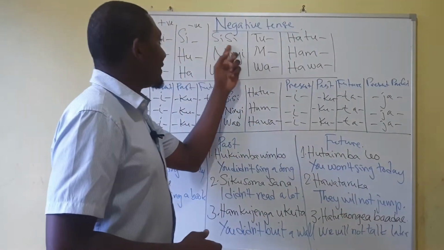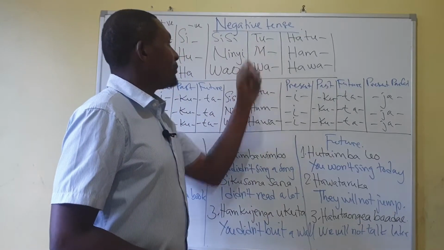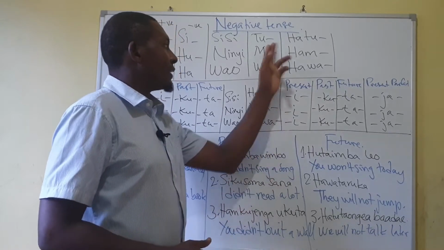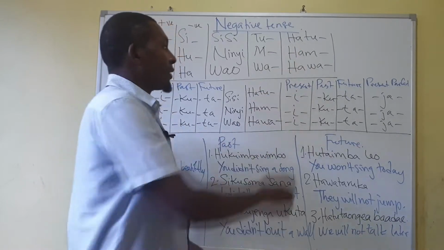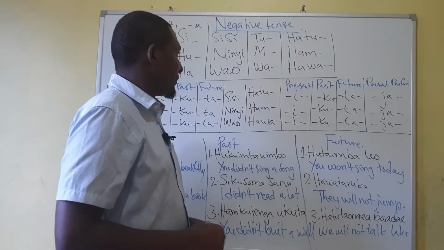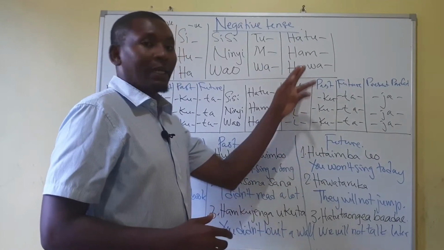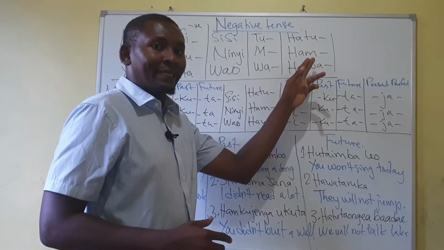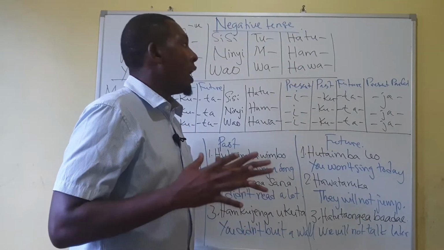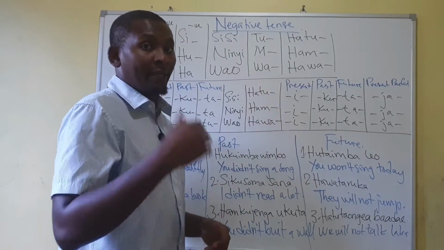And sisi, which is we, in positive it is represented by tu, but in negative you're going to have to put ha. In negative, it is represented by hatu. Wao, which is they.